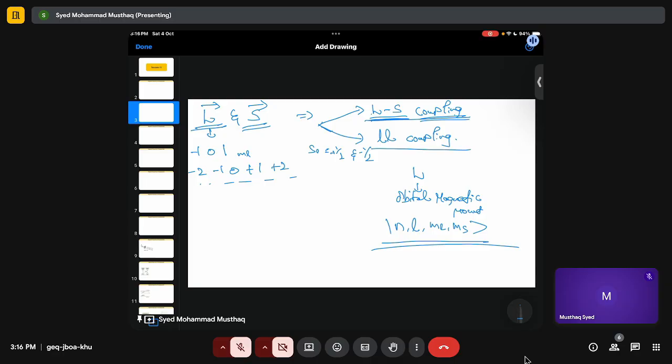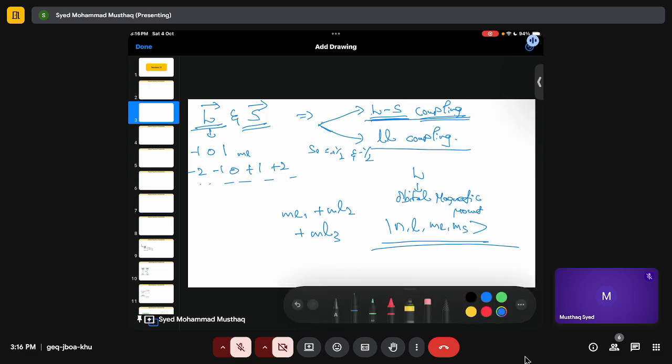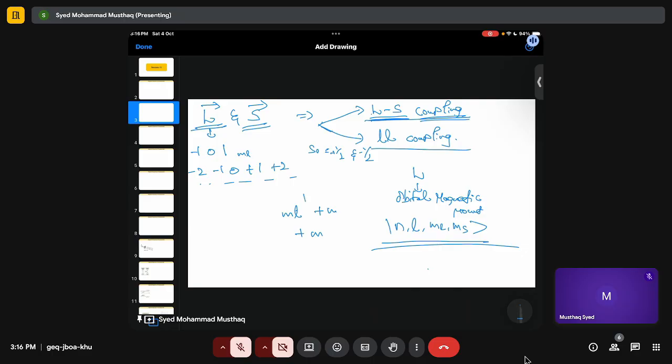Each electron in an atom will have an ml value, and these ml values will first get added. Only the ml values, right? Please remember, I should write it as a subscript. Let's say this is ml1, ml2, ml3.